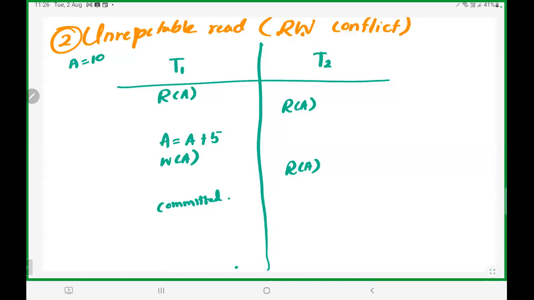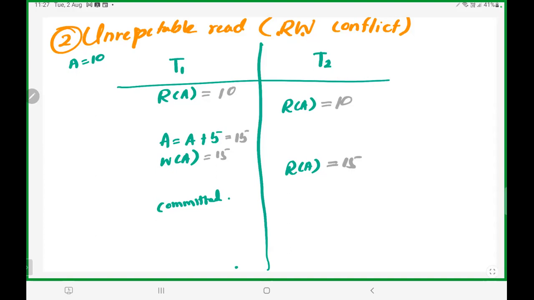T1 reads A, that is 10. T2 also reads, that is 10. Both are 10. Then T1 adds 5 to A, that is 15, and writes it as 15. Then T2 reads A again.